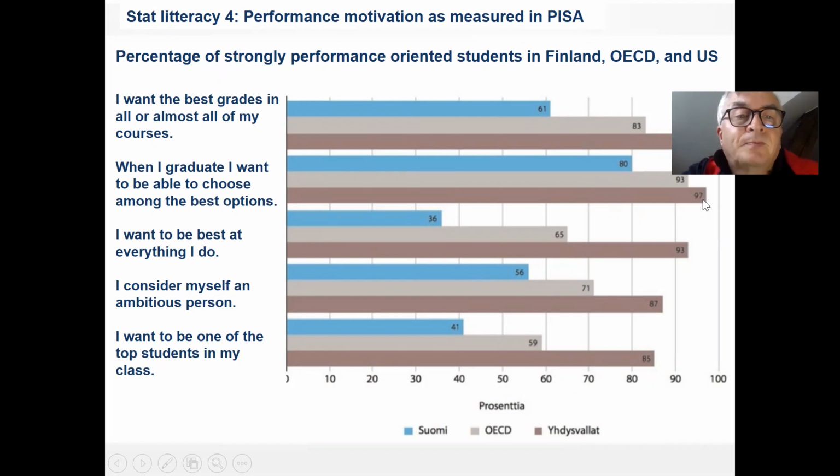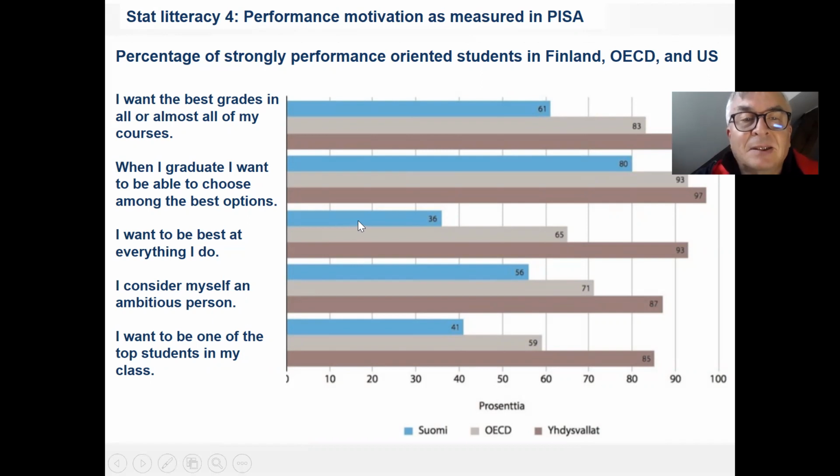But anyway, nice to choose from the best options. They know how the game goes, so again, I think this just shows that we have a selective system which the students understand, and they have a relatively realistic view of their possibilities and options.